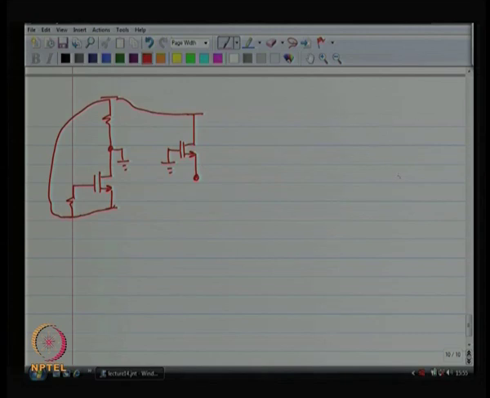My new circuit looks like this. Okay, that is how my new circuit looks.